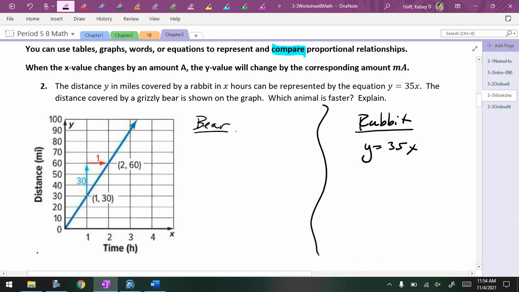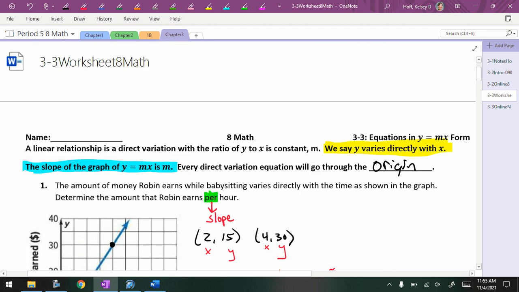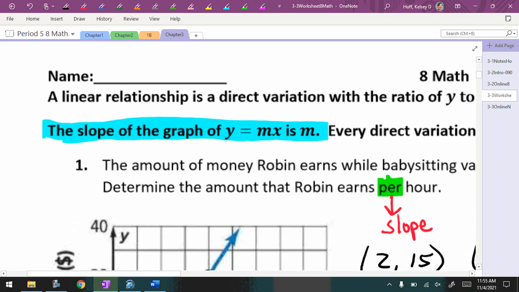Here's my question. What is the slope or the rate of the rabbit? If all they told us was y equals 35x, what is the slope or the rate of the rabbit? $35.